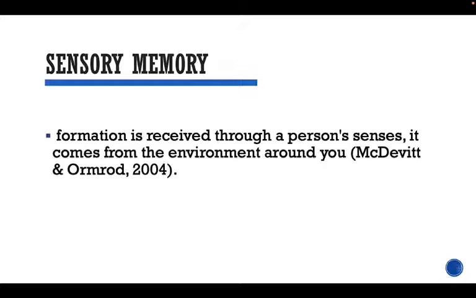It is very brief storage, essentially long enough for the brain to register and start processing the information. Sensory memory can hold visual information for about half a second and auditory information for a few seconds.